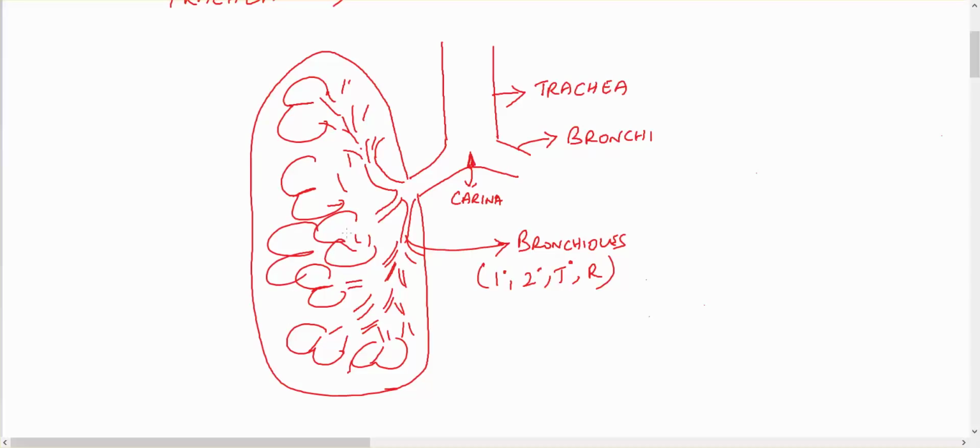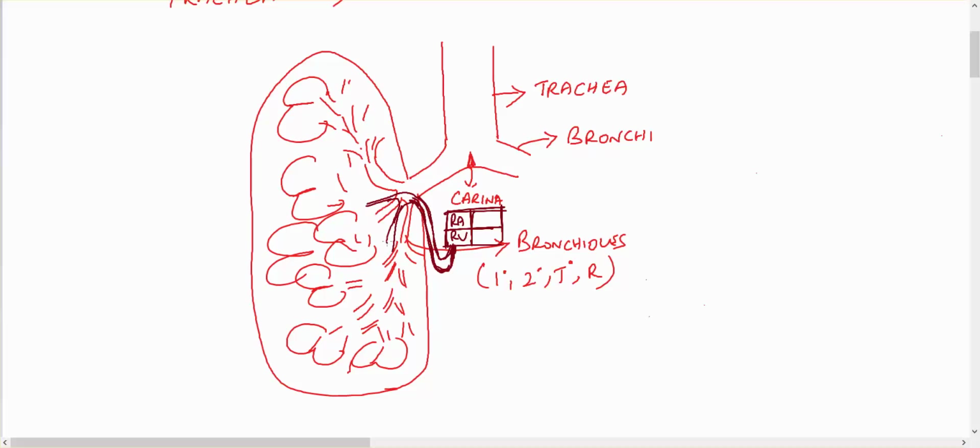Then from the heart, from the right ventricle, the pulmonary artery brings the deoxygenated blood. This is the right atrium, right ventricle. The pulmonary artery enters the lung and gives branches.